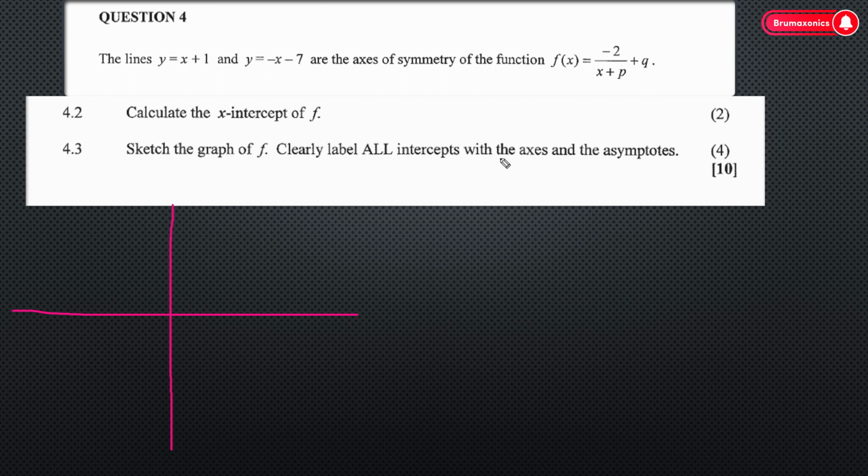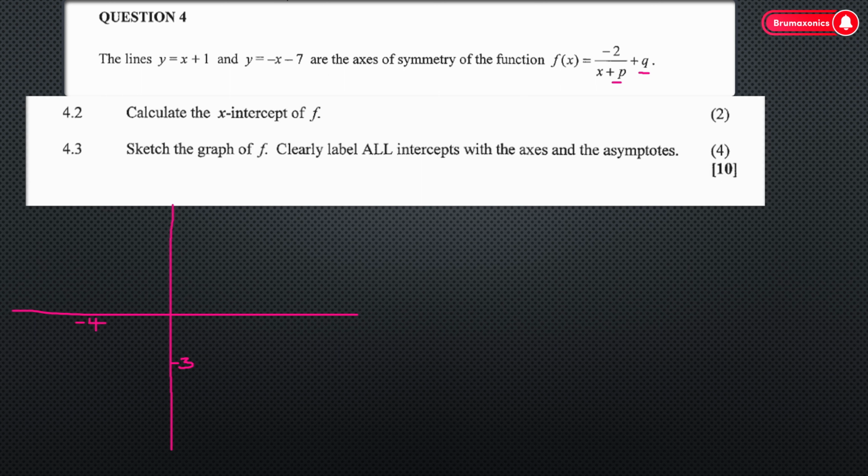So we have our negative 3 for y, and that will be maybe somewhere here, and then we have our negative 4, which will be somewhere here. Negative 4 for x will be somewhere here, right?